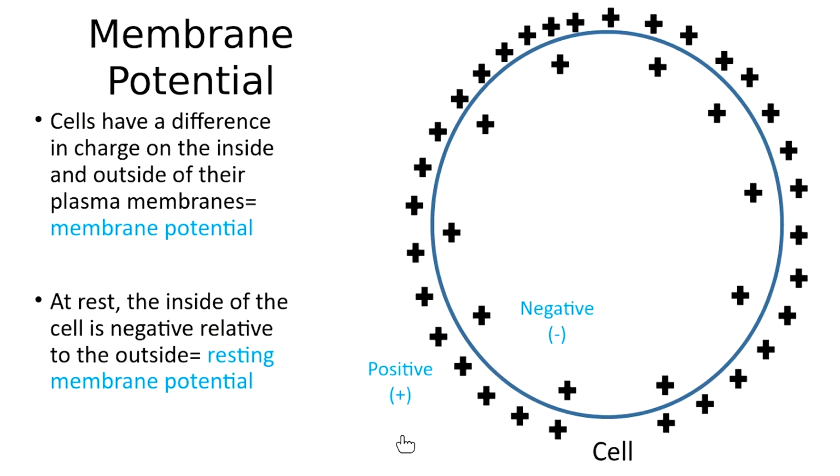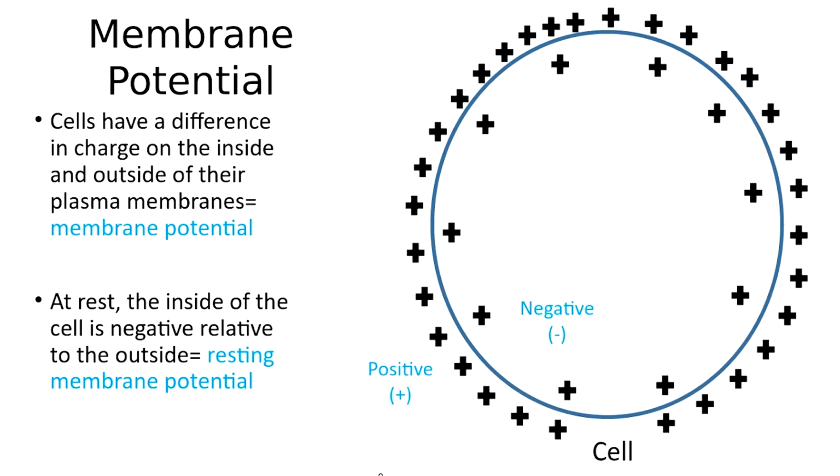I always get the question: there are positive charges on the inside and positive charges on the outside, so why can we say that the inside is negative? Here's the reason. The inside is less positive than the outside. Another way of saying that the inside is less positive is simply to say that the inside is negative relative to the outside. So this is our membrane potential, this difference in charge on the two sides of the membrane.